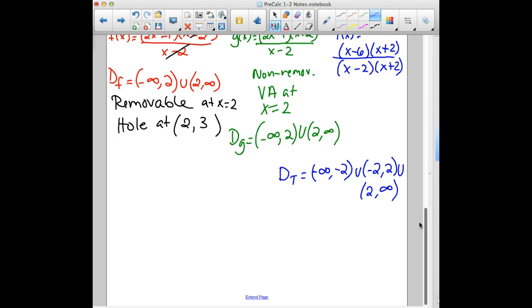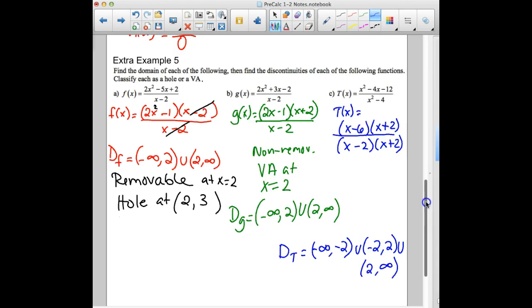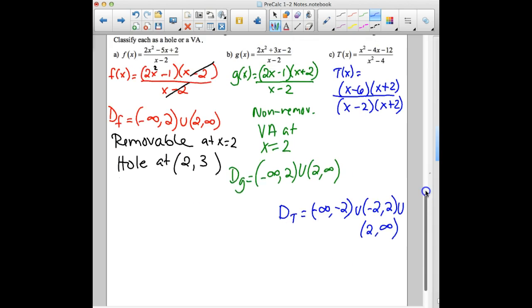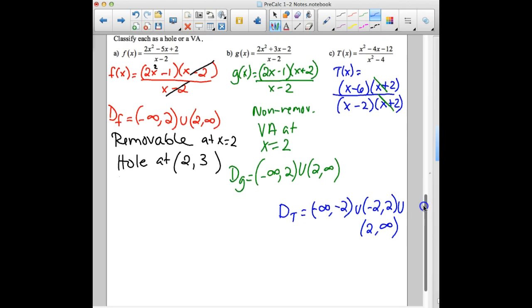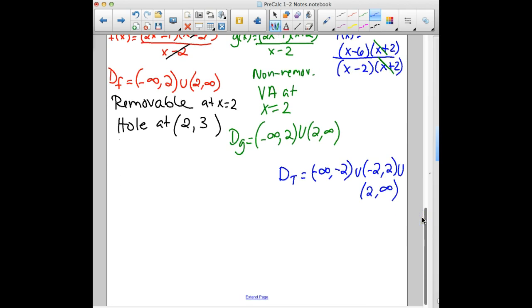Okay, so we do have 2 issues of discontinuity here. One at 2, one at negative 2. What type do we have at negative 2? That is removable because we can get rid of this factor. All right, so we have a removable discontinuity or a hole at x equaling negative 2.